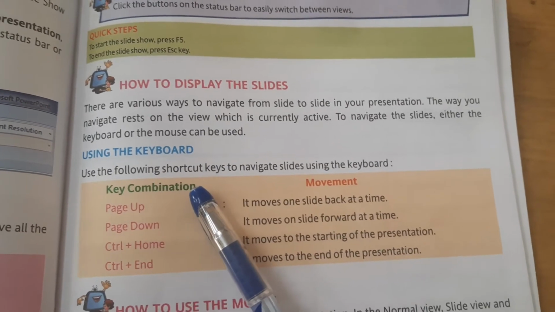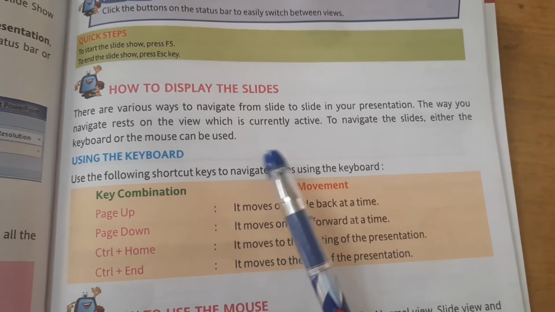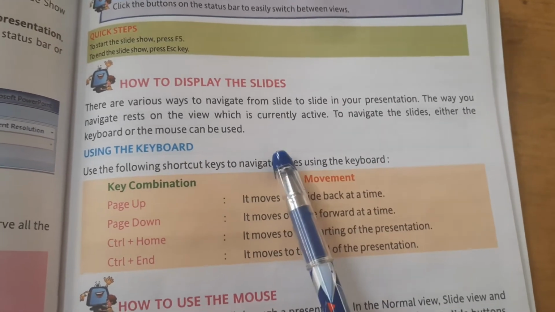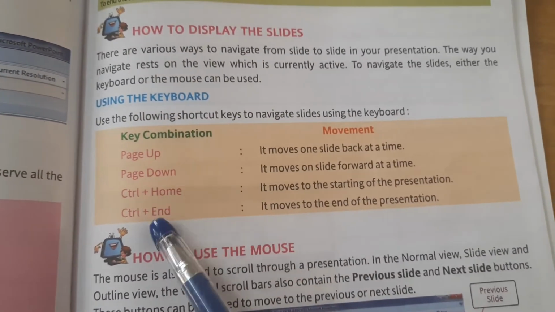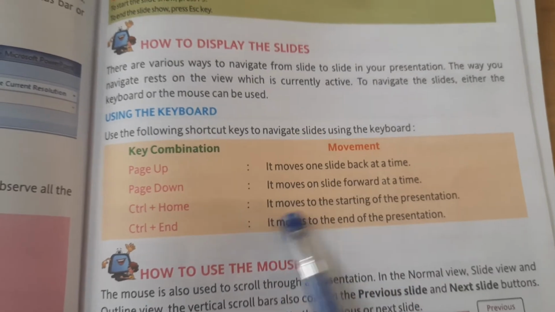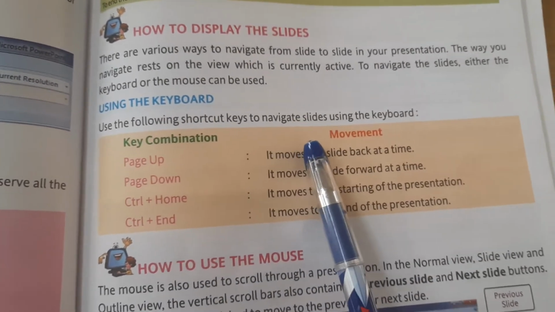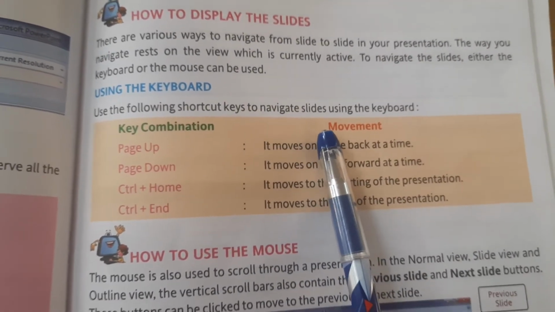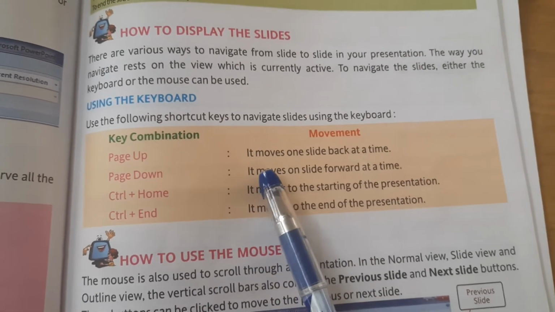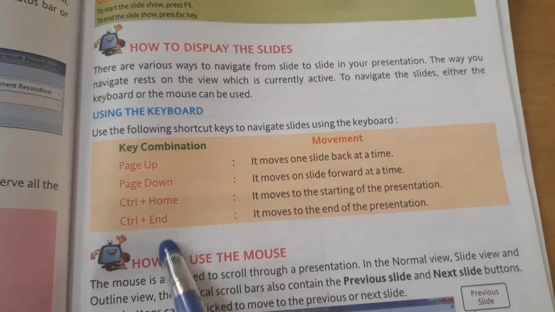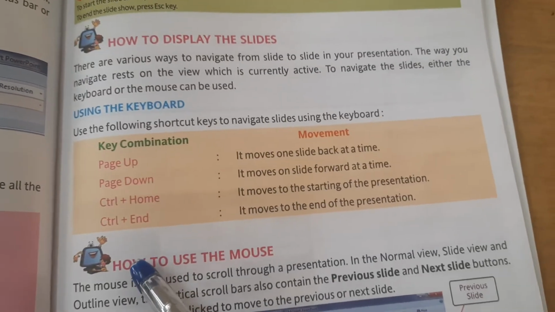Whichever view we are working on, depending upon that we can choose our method. So using the keyboard, these are the various key combinations that are given to you, and you can use these for navigating the presentation. But for using the keyboard, we need to remember the key combinations.